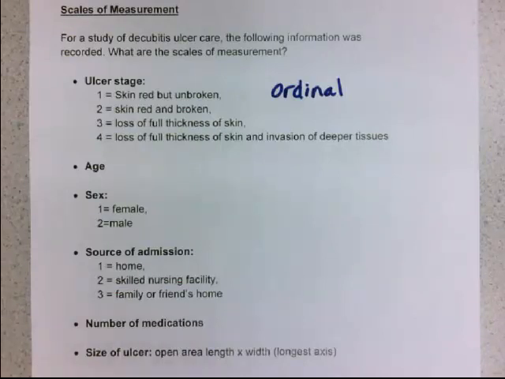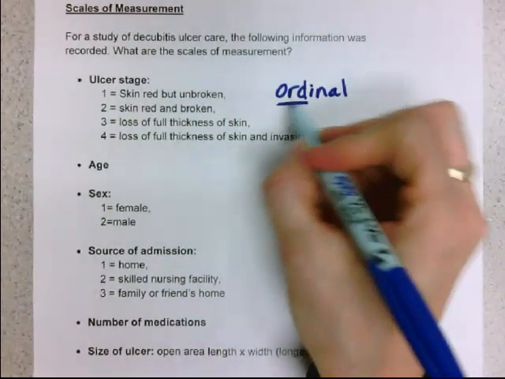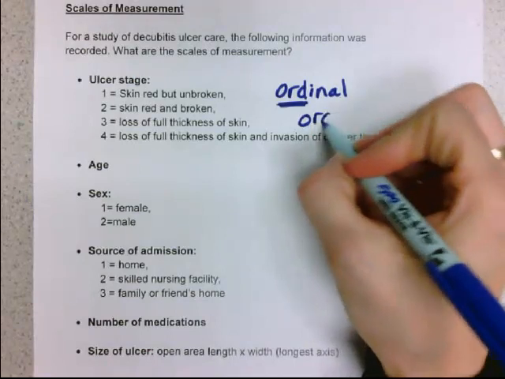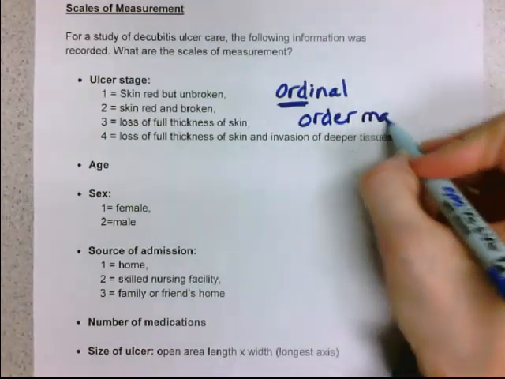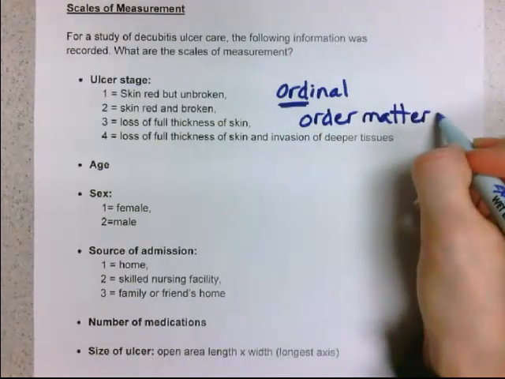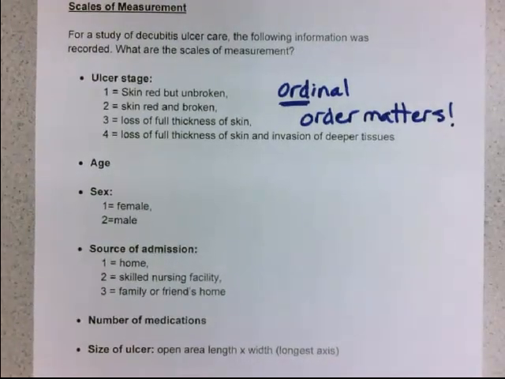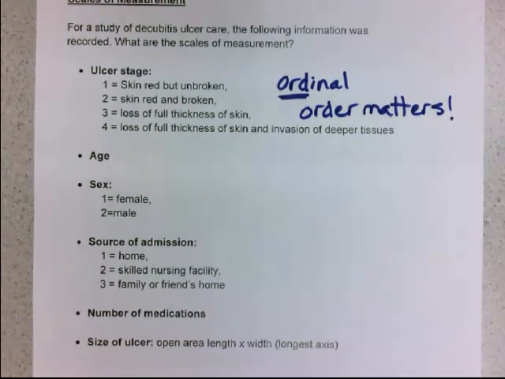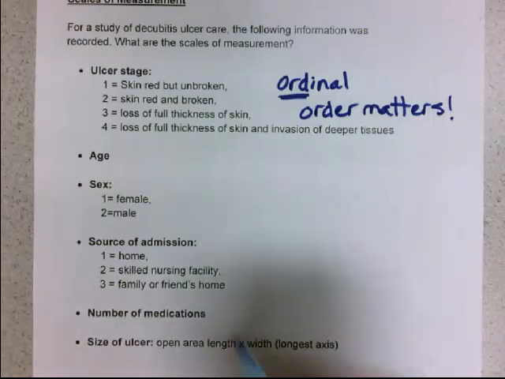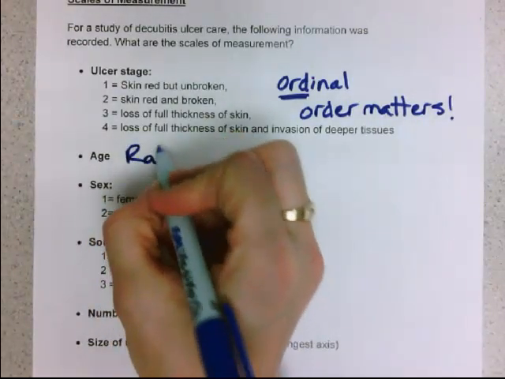And a good way to remind yourself when it's ordinal is that this part about order matters, right? Order is relevant when we're looking at ordinal scale data. Okay, for age, so age is actually going to be ratio scale.